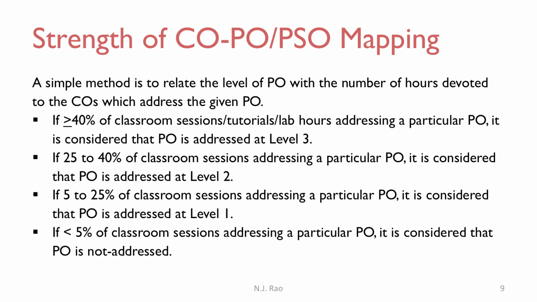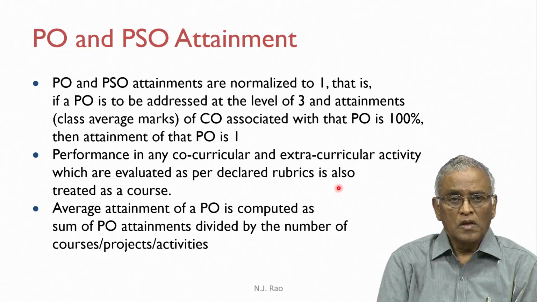Anything less than 5% of classroom sessions, we say you cannot even say it is 1, so we consider that PO is not addressed. This definition of mapping strength becomes the basis for all computations subsequently proposed in computing the PO PSO attainment.